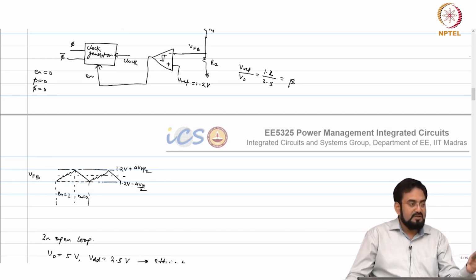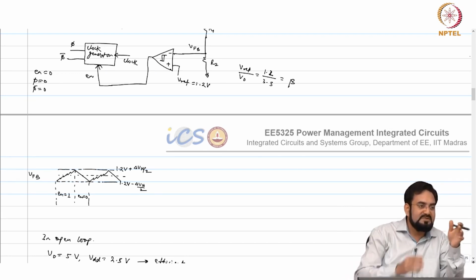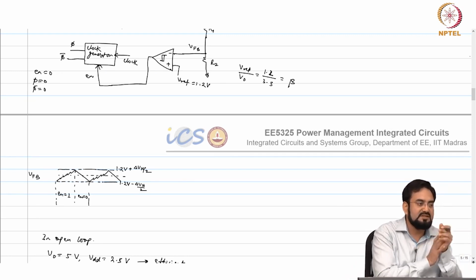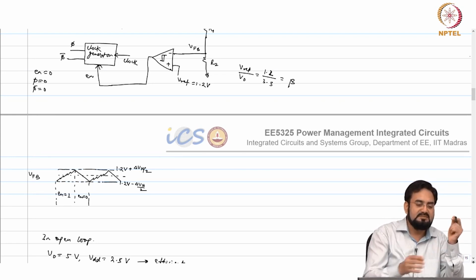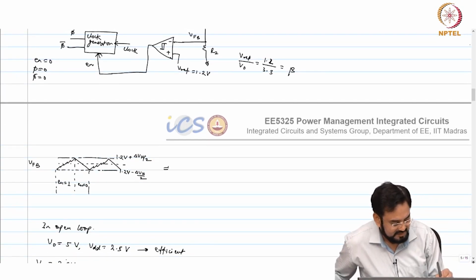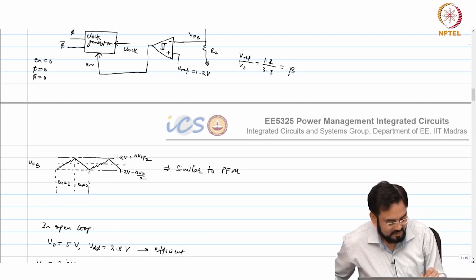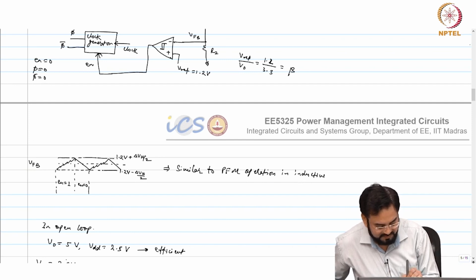It will send the next burst of pulses after a very long time, which means you are switching very less frequently. So, your switching losses will scale down automatically with the load current, because it is more like a PFM operation, similar to PFM in inductive converters.